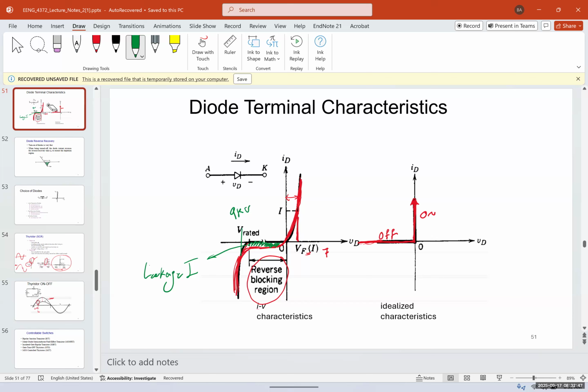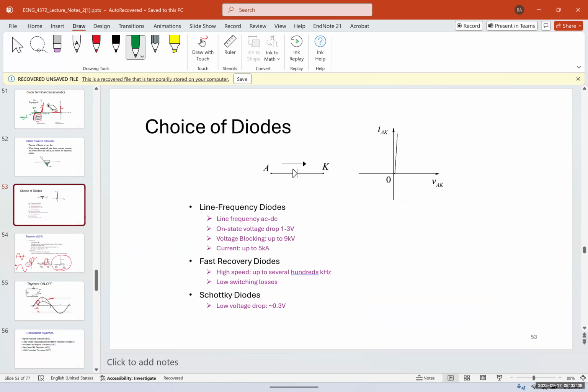The forward bias voltage is 1 to 3 volts, because usually you have multiple diodes. If you have a bridge, you would have 2 silicon diodes, at around 0.7 each, so about 1.4 volts. And the current is up to 5,000 amps.